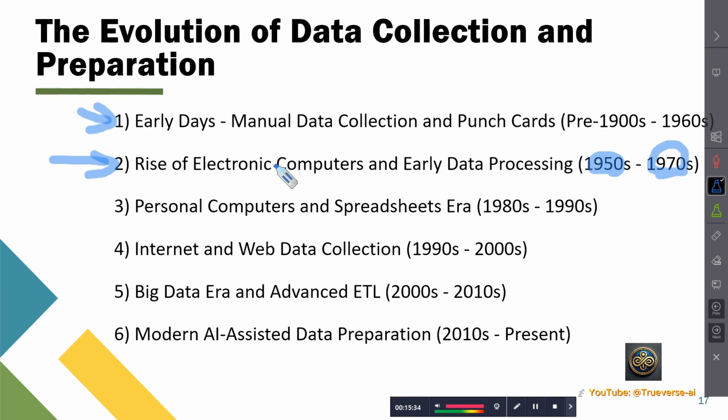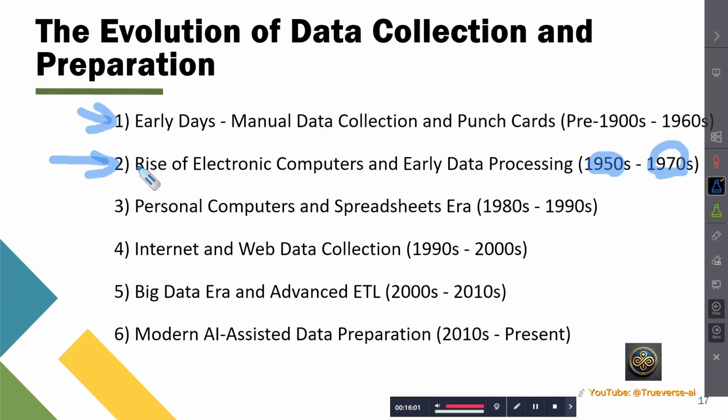During this time, mainframe computers allowed for faster processing of large datasets, shifting from punch cards to magnetic tapes for data storage. I am just putting the whole page here, and then we will quickly look inside.